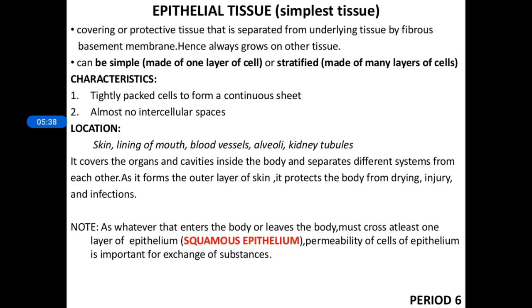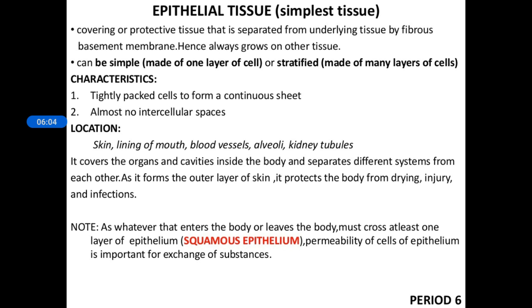It covers the organs and cavities inside the body and separates different systems from each other. Think of it as a cover for each box, each cavity or each organ. It forms the outer layer of skin. It protects the body from drying, injury and infection.